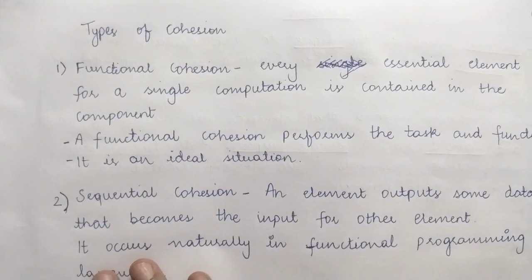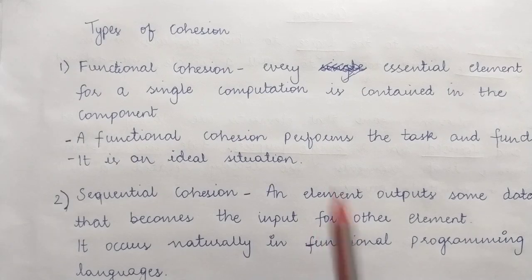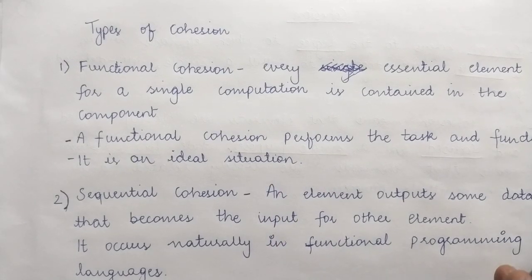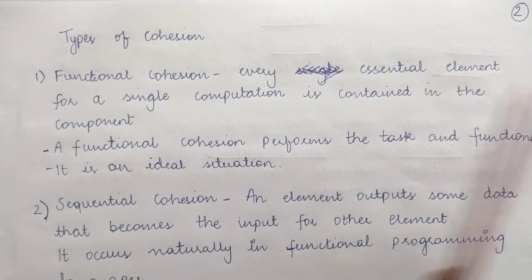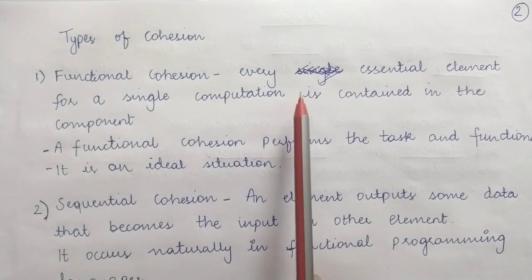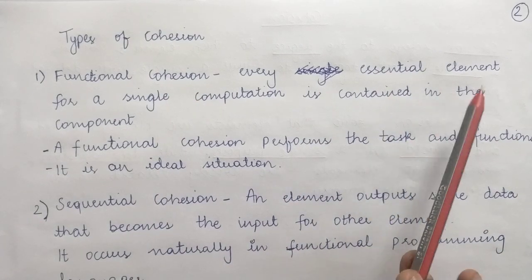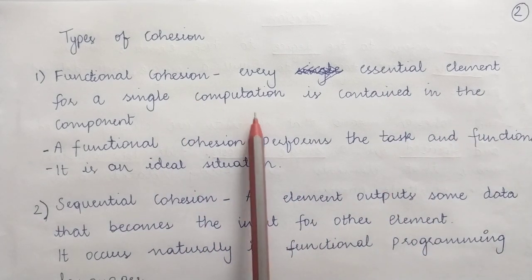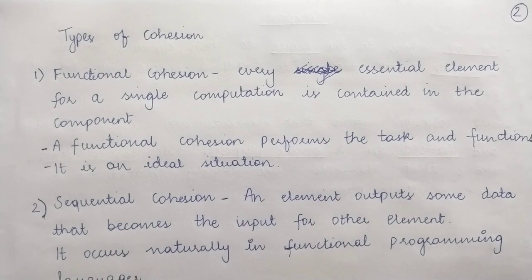Now talking of types of cohesion, we have various types, among which the first one is functional cohesion. In functional cohesion, every essential element for a single computation is contained in the component.